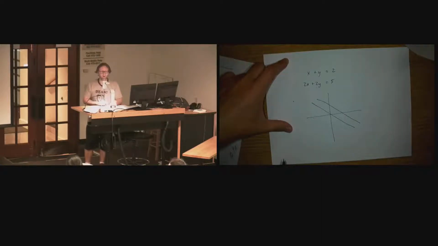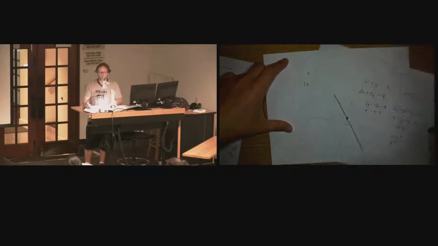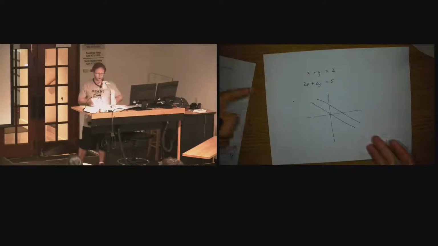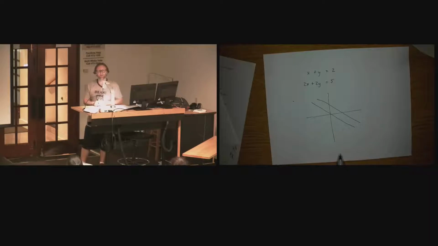Both of these lines are going to have the same slope, but different y-intercepts. Right? Now, if the interpretation of a solution to a system of linear equations is where they meet, how many solutions are here? These are parallel lines. Do parallel lines ever intersect? Nope. So there are 0 solutions.